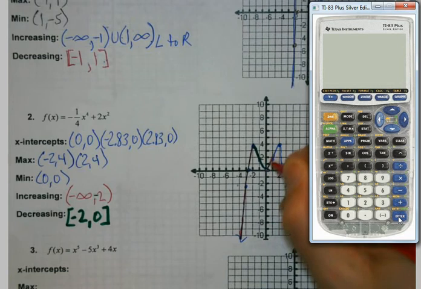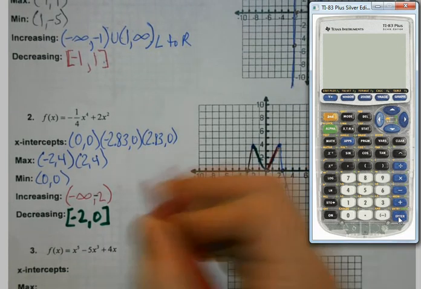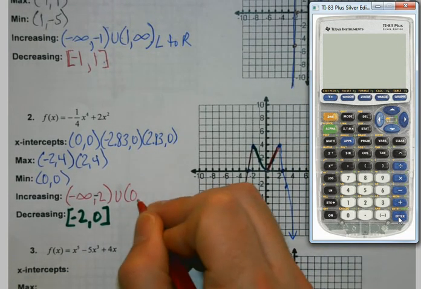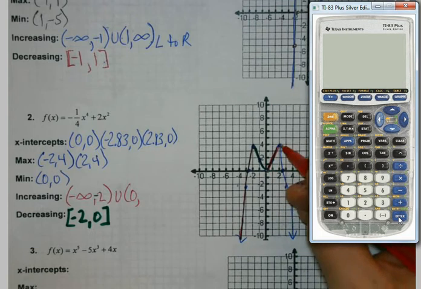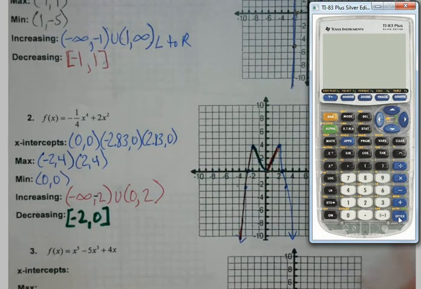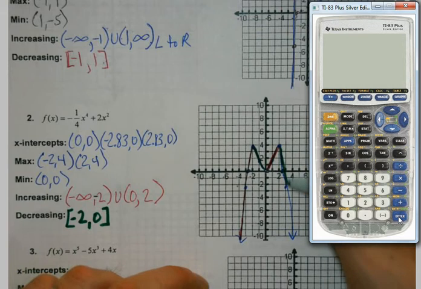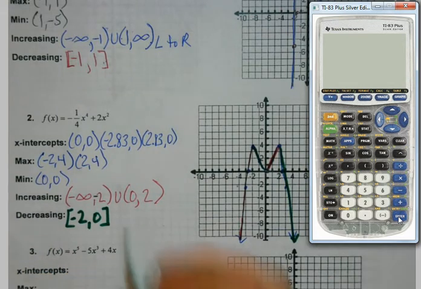So it starts increasing again from 0 until I get to my next maximum at 2.